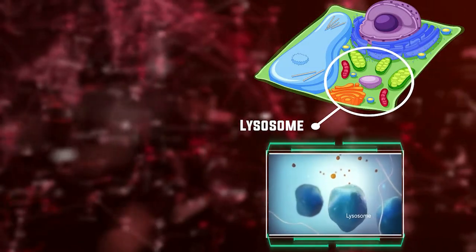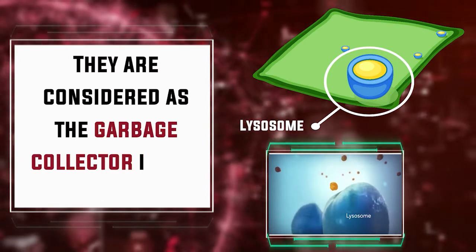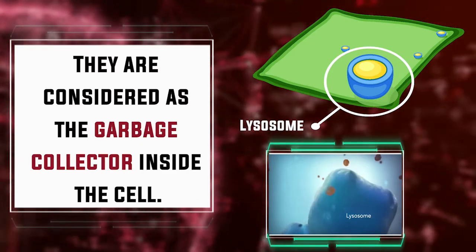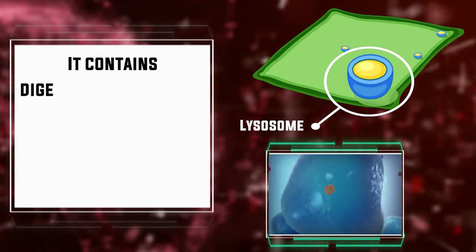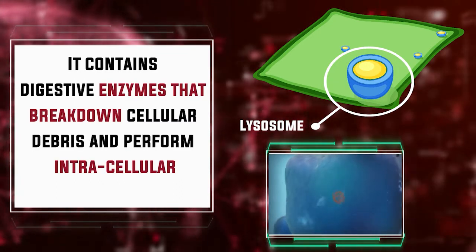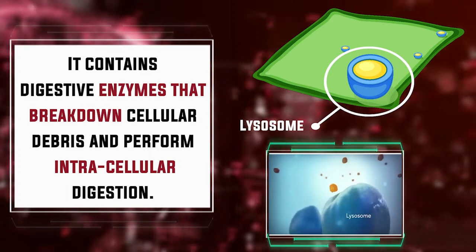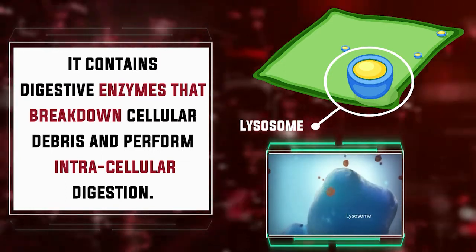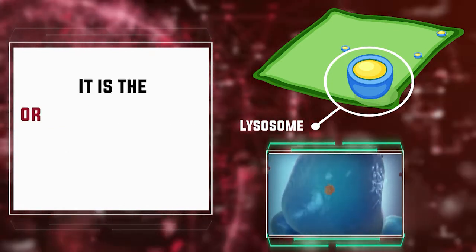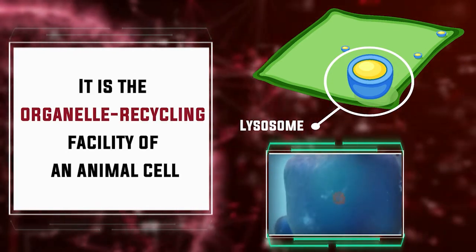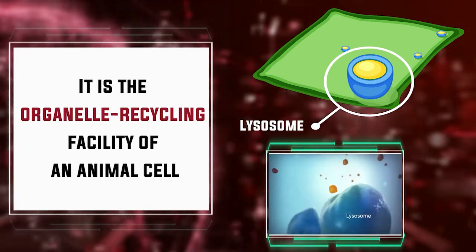Lysosome. Lysosomes are considered the garbage collector inside the cell. These organelles contain digestive enzymes that break down cellular debris and perform intracellular digestion. It is also known as the organelle recycling facility of an animal cell.